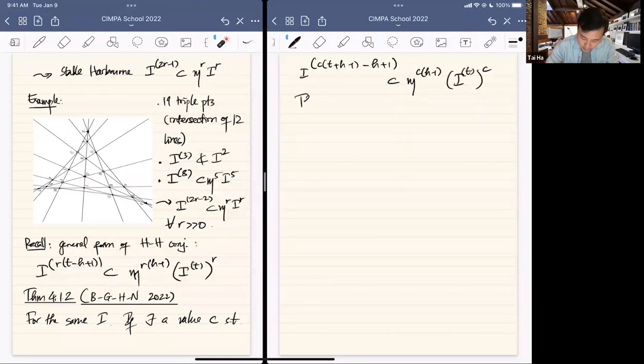Then the desired containment holds: I to the rt plus h minus 1 is contained in m to the r h minus 1, I to the t to the power r. And we couldn't even prove this for all r big enough.